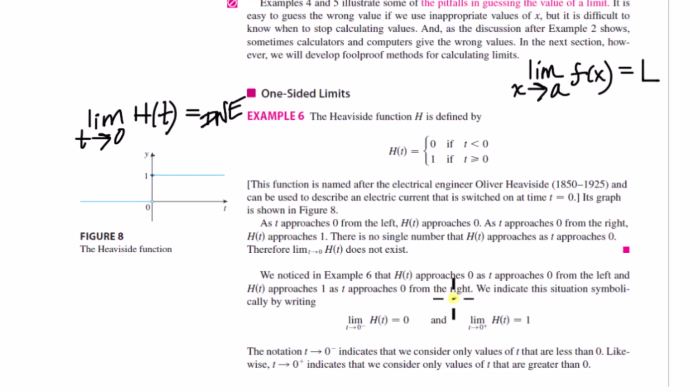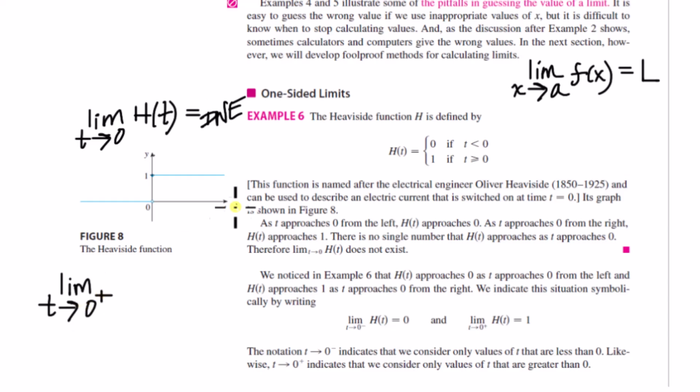So we could make a statement that, okay, the limit as t approaches 0, and instead of saying in general, so like just from the left and the right, which this would be implying, we could specify that, okay, only considering t approaching 0 from the positive direction, which would mean from the right.